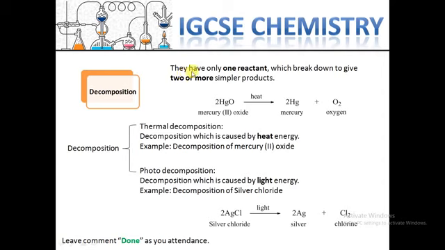As we can see in the definition, there is only one reactant, like here mercury(II) oxide, which breaks down to give two or more simpler products.